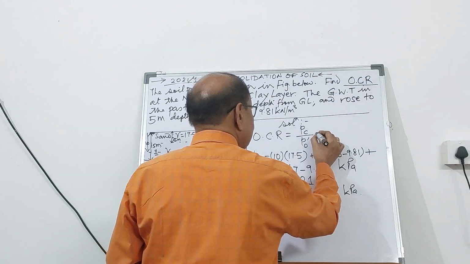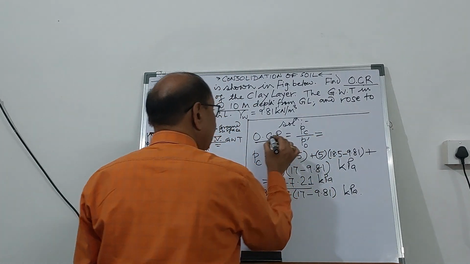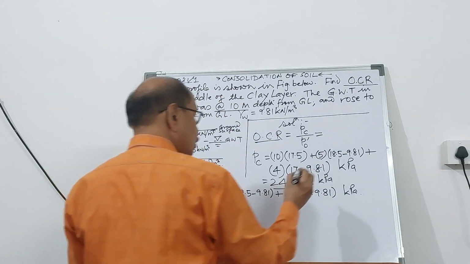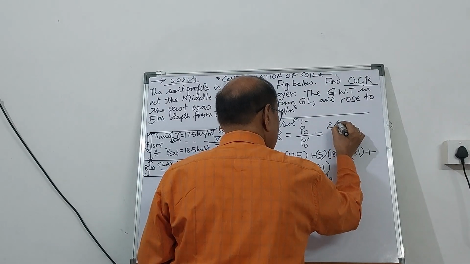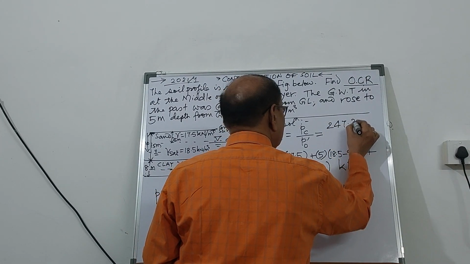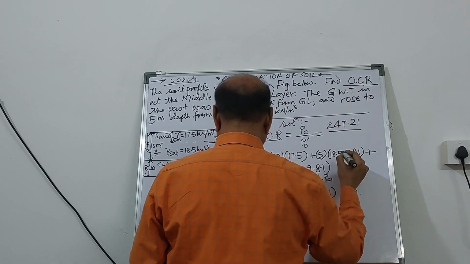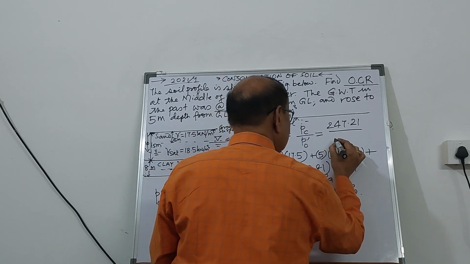So substitute here. This you want to find out. So PC is 247.21 and this is 203.16.